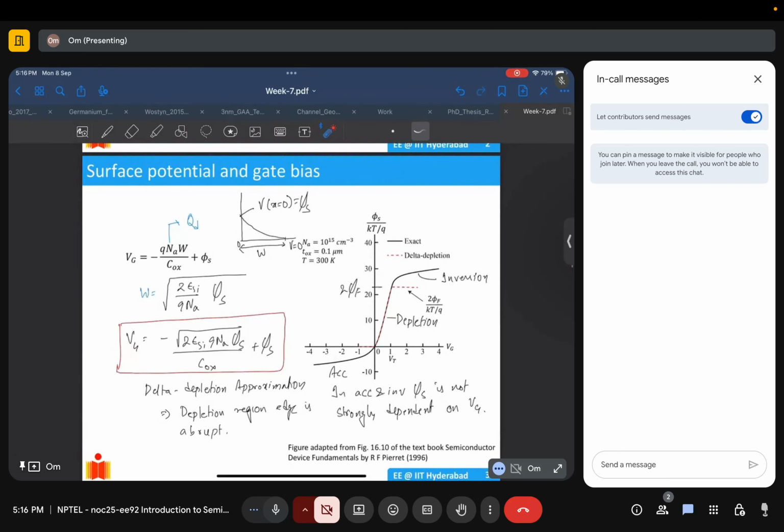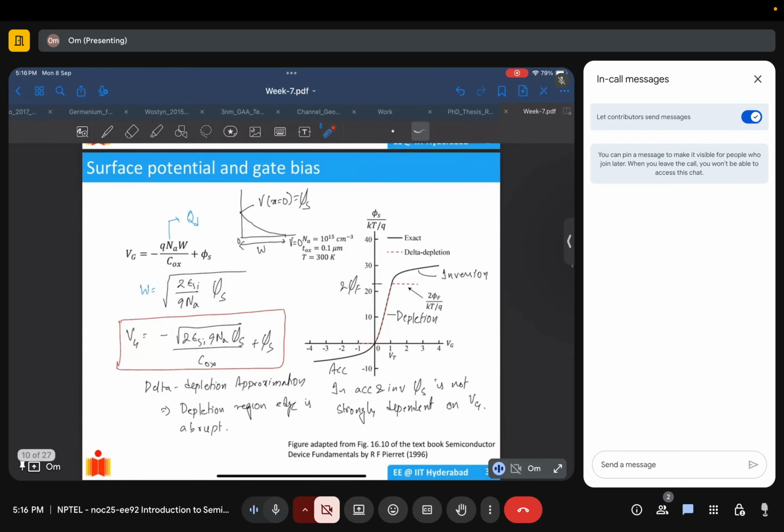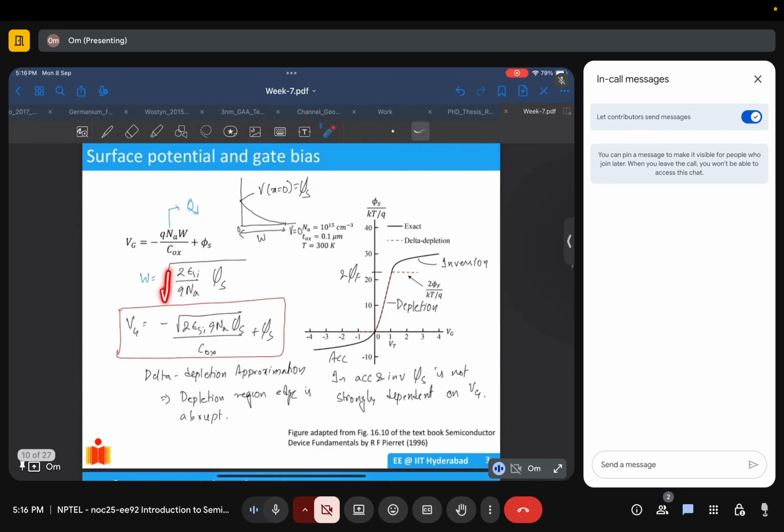So Vg is minus Q depletion by Cox. So this Q depletion is Q NaW plus psi s, and your depletion width is under root 2 epsilon Si by Qna into psi s.